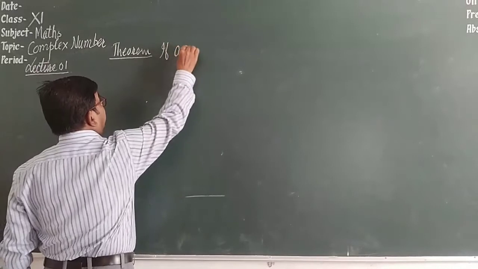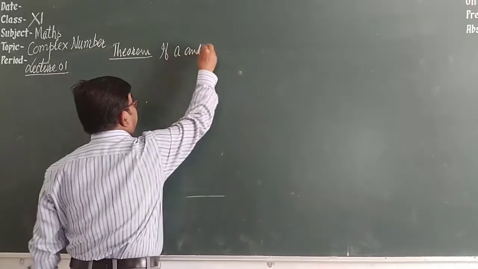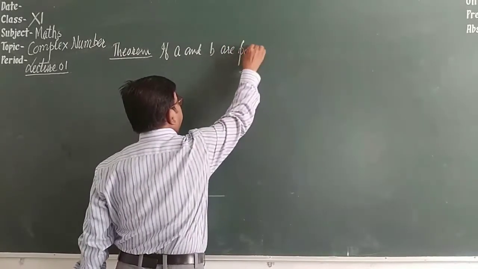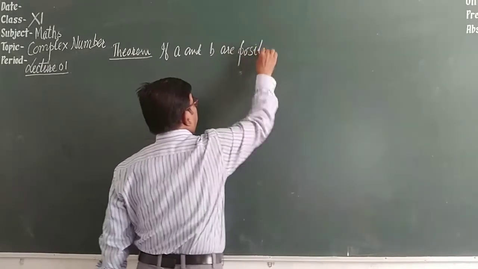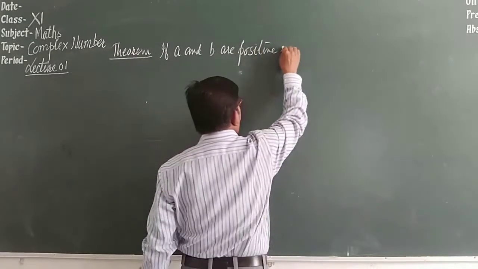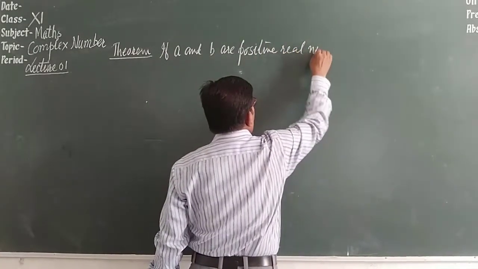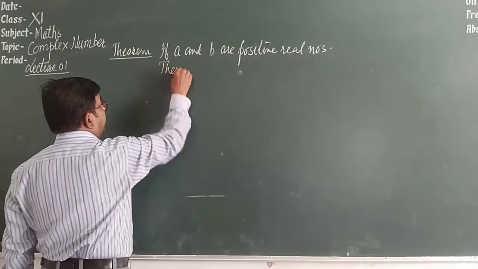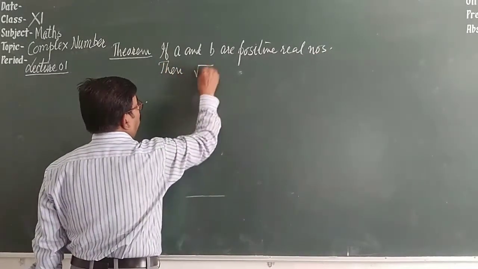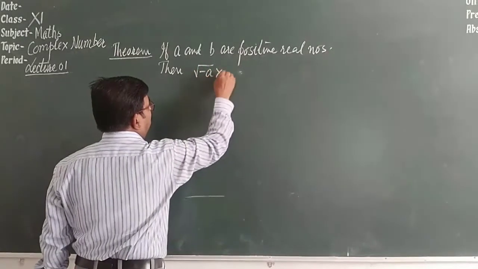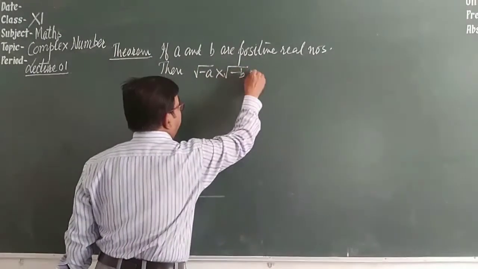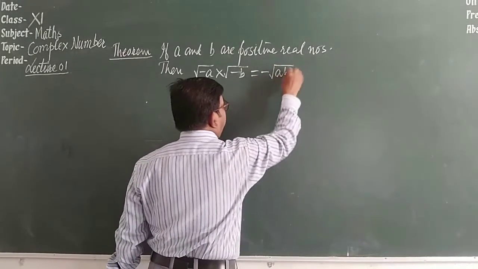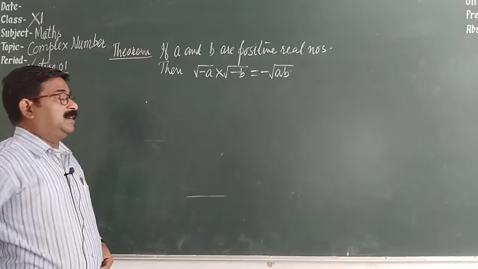if a and b are positive real numbers, then under root minus a into under root minus b is equal to minus under root ab.